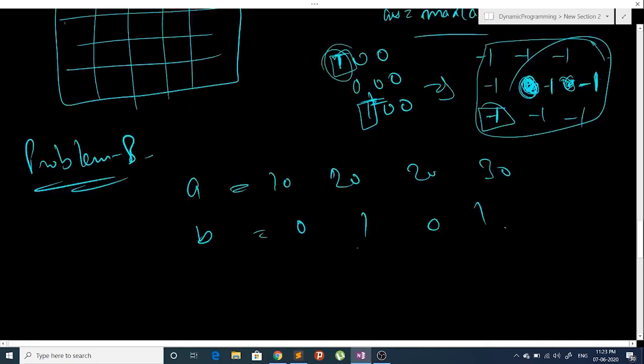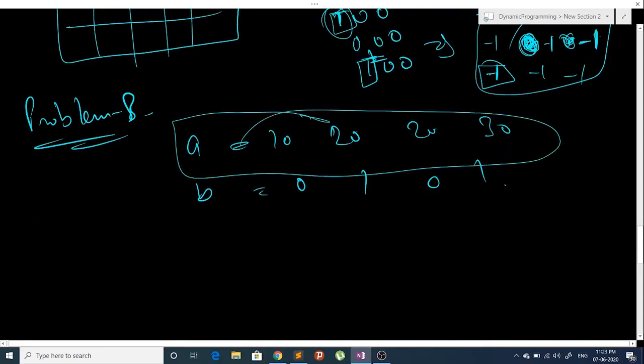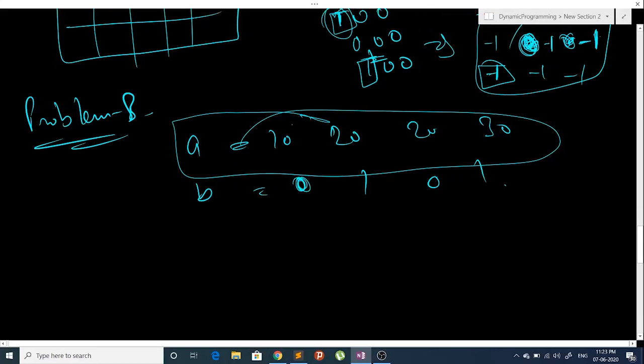In the problem I have to sort my array A, and I can swap any elements that have B values different from each other. For example, I can swap 10 and 20 because their B values are 0 and 1. So this is the problem, guys.